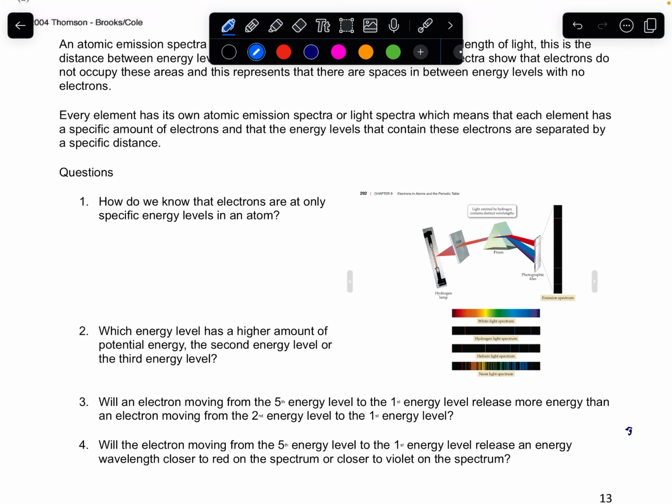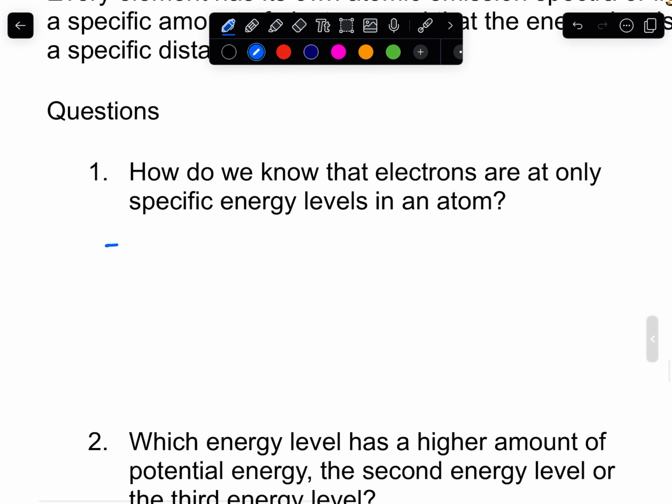How do we know that electrons are only at specific energy levels in an atom? We can say because of the line spectra.